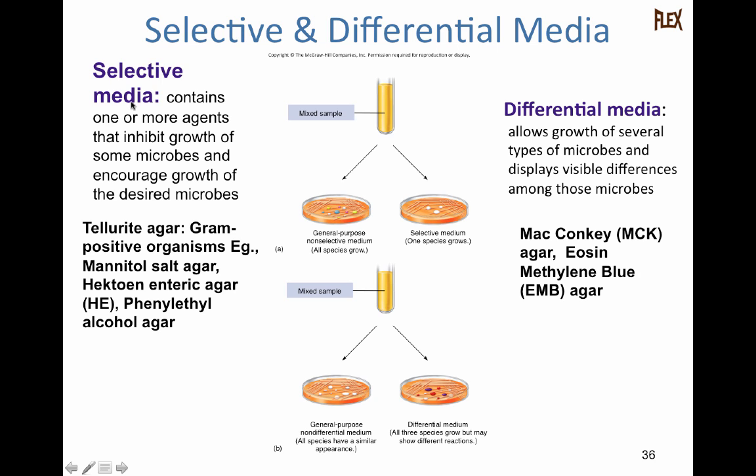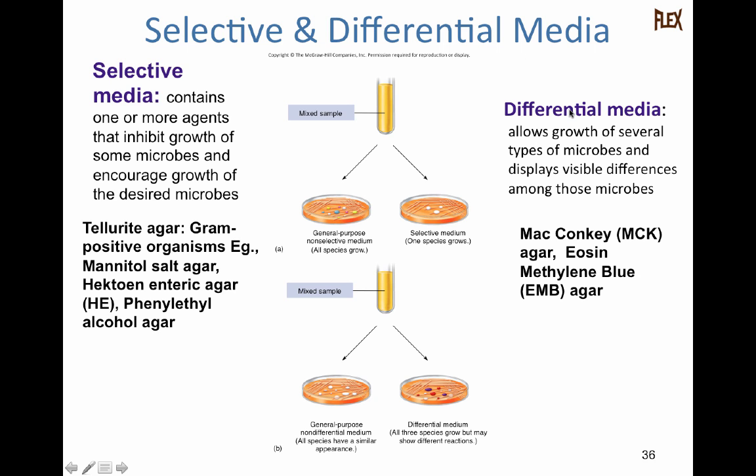Well, you could use a selective media that contains one or more agents that will inhibit the growth of the other microbes and enhance the growth of the one that you would like to culture. Different types of this are mannitol salt agar, enteric agar, alcohol agar, and MRS agar, which is another one for lactobacillus. This is different than differential. For selective, you're selecting for one type of microbe, one species.